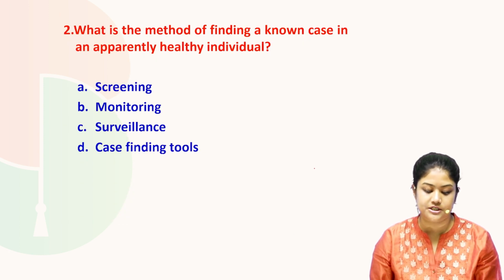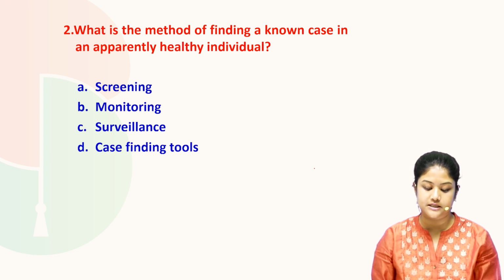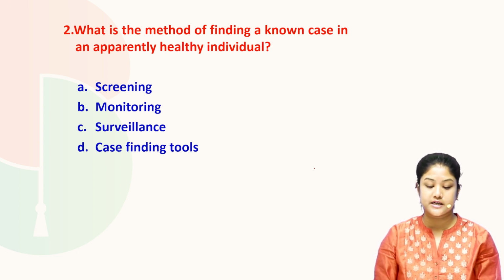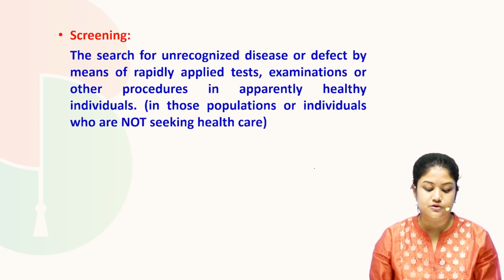So our next question is, what is the method of finding a known case in an apparently healthy individual? Our options given are screening, monitoring, surveillance, and case finding tools. So let's look into our explanations. So what does screening mean?